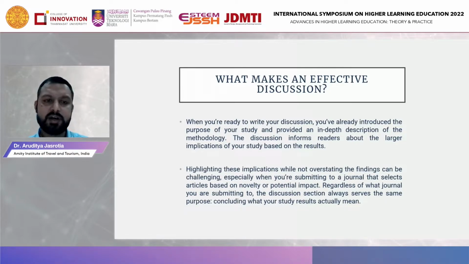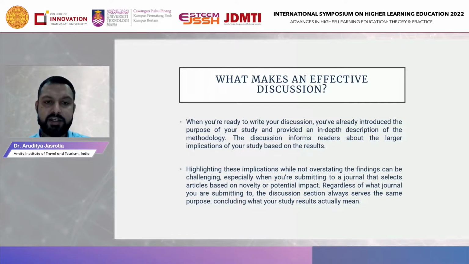So it depends on the requirement of the journal. It depends on the author, how he or she wants to show the discussion in the research paper. So preferably it is advised that you show your implications along with the discussion part.